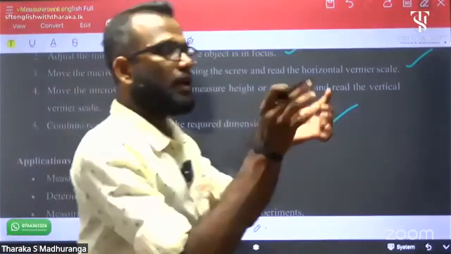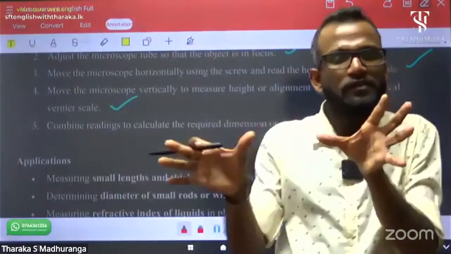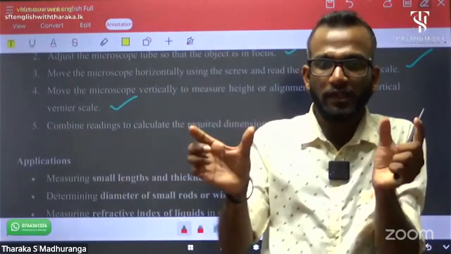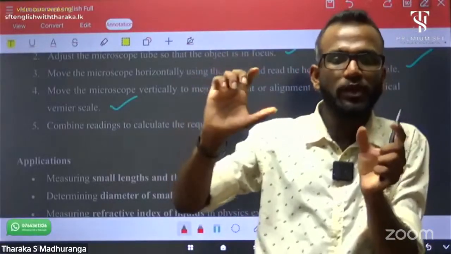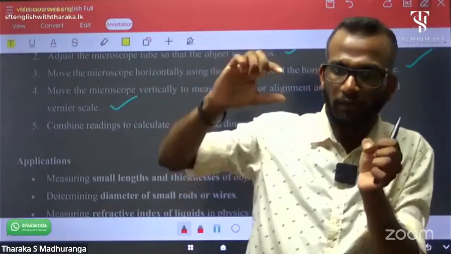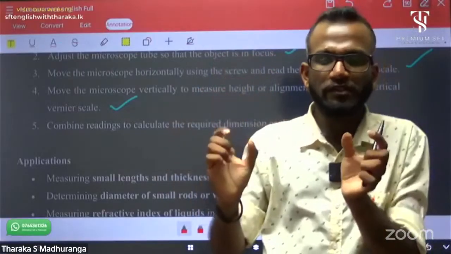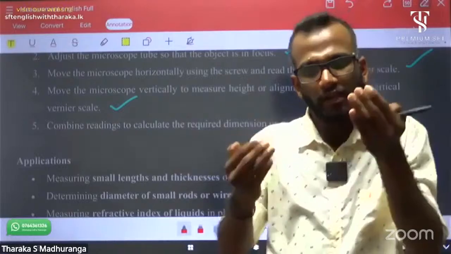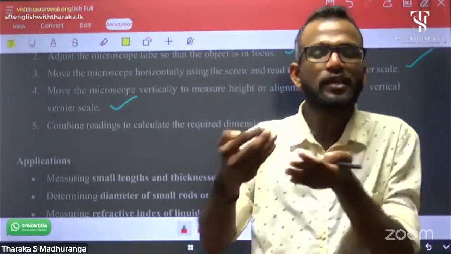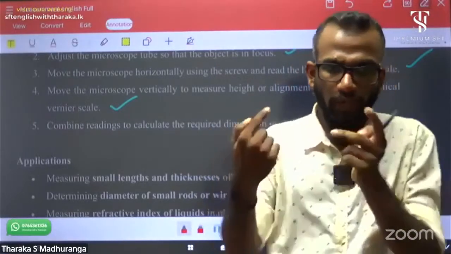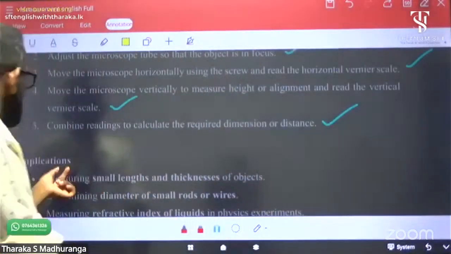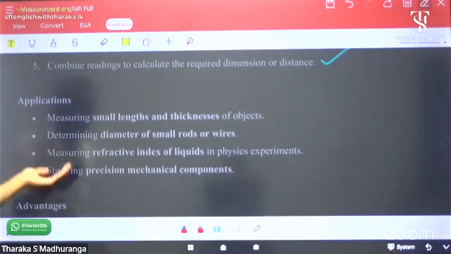That means if we need a more accurate answer, we can use both the vertical scale and horizontal scale and get some average value. Okay, they are the applications.